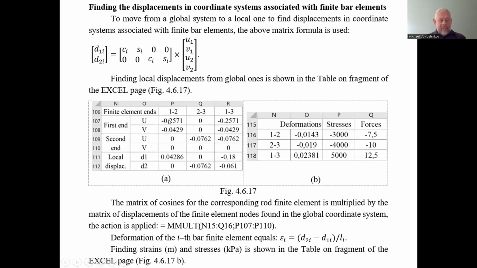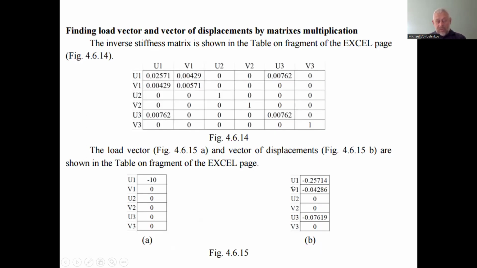After that, we have to redefine the displacements of the nodes. We have the abscissa and ordinate displacement of the first node. At the second node, which is supported, displacement is not available. And the abscissa displacement of the third node, which is a sliding hinge, is possible, horizontal, but vertical is not possible.